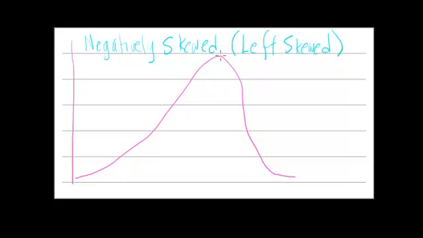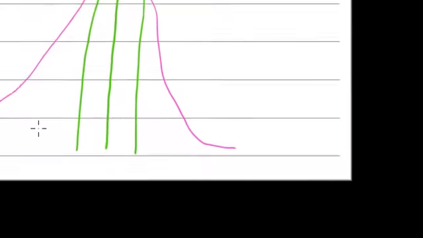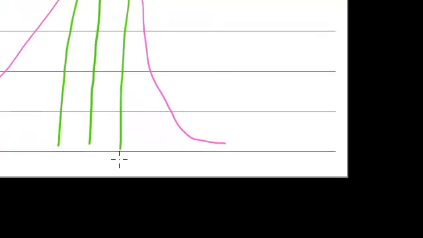So we can see here our measures of central tendency are not all equal. And in this case, the mean and median are to the left of the mode. So the mode would be here, and then maybe the median and the mean. Now, the order of the median and the mean, which one's first and second, can change, but they're always both to the left of the mode.